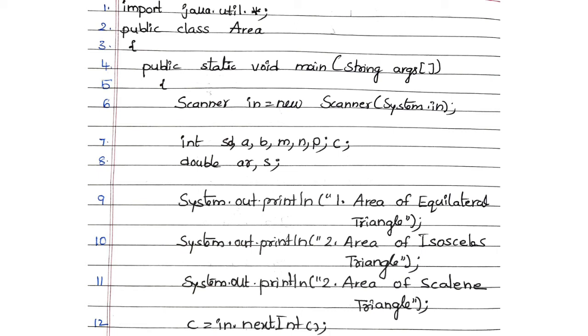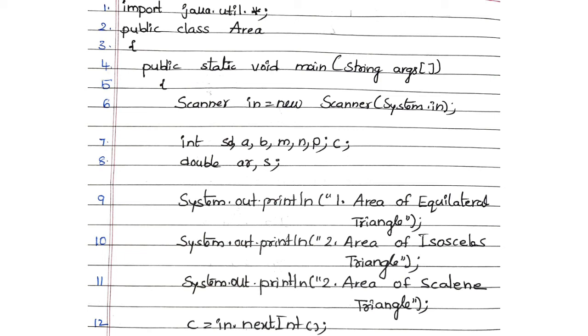Now come to the input statements, from the ninth statement to the 12th statement. This is a very important part of the menu driven programs, because in these statements only we are writing the menus. 1. Area of equilateral triangle. 2.